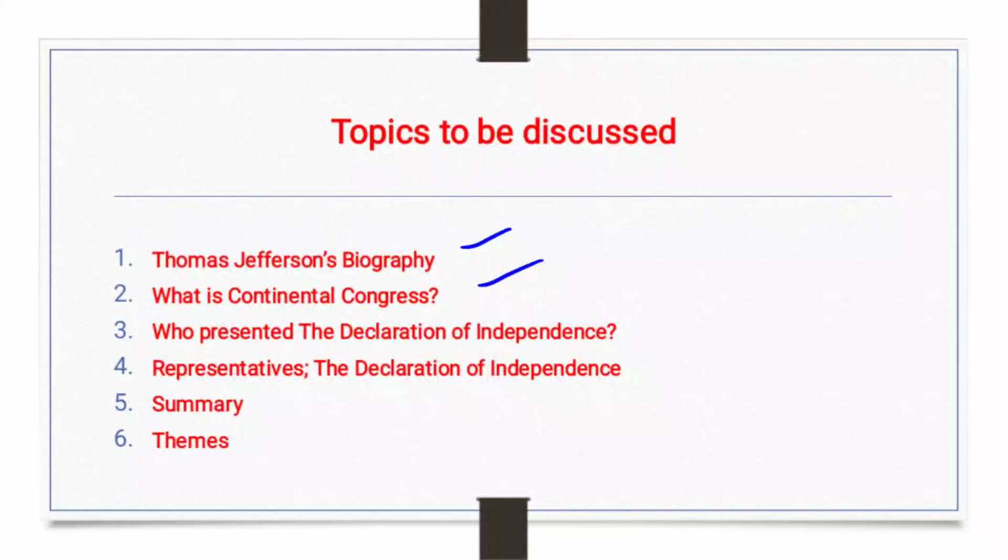The Congress played a critical role in the lead up to the American Revolution and in the establishment of a new government after independence was declared.